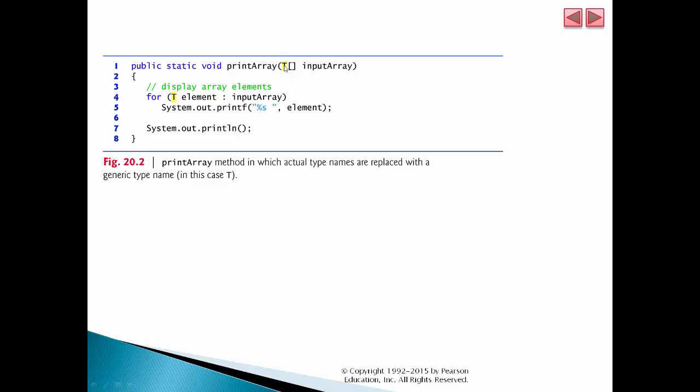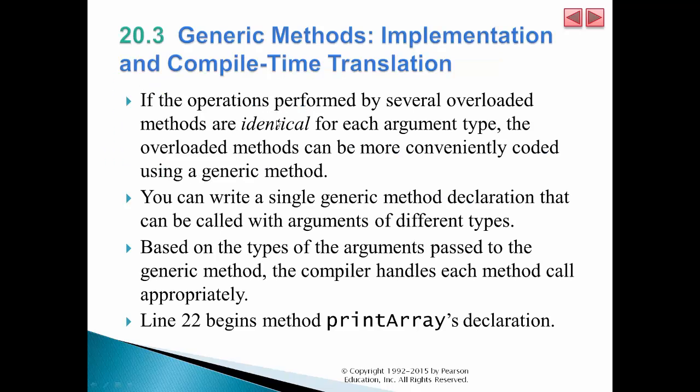So T is not a particular type, it's not a particular class, it's some symbol which represents any type that you would like to use inside your particular function.